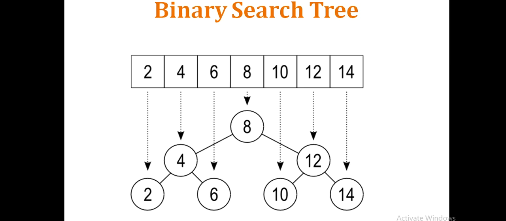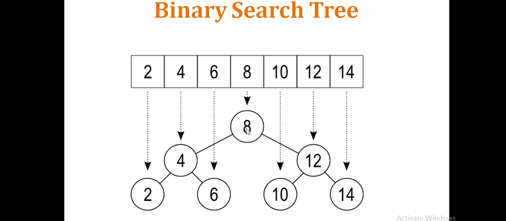What exactly does it do? Here we store the elements, and you can see that we have created the binary search tree. Now if we want to find a particular element, for example 10, as the array is sorted, we compare 10 with the root element.